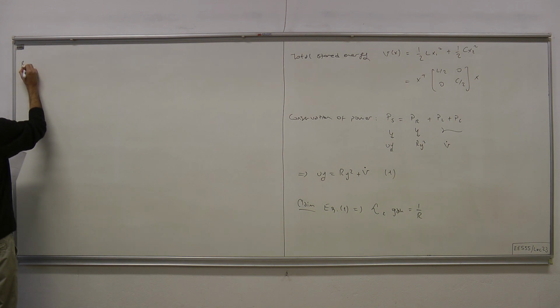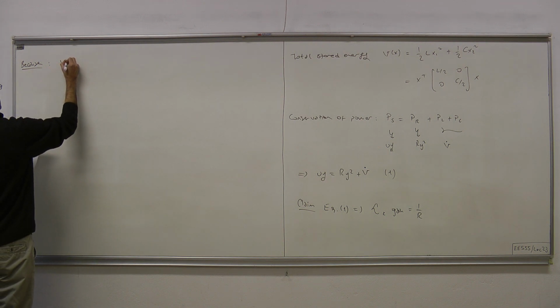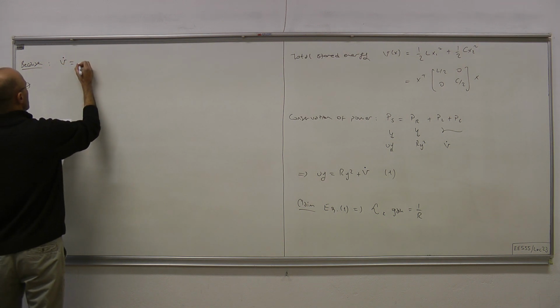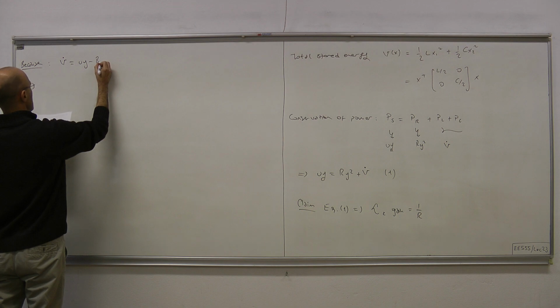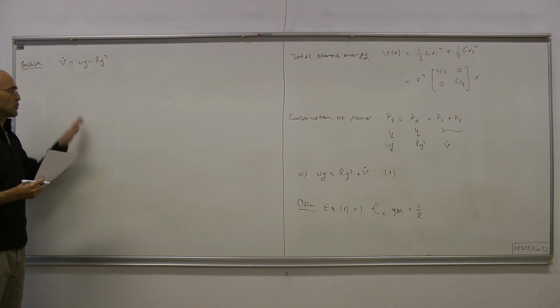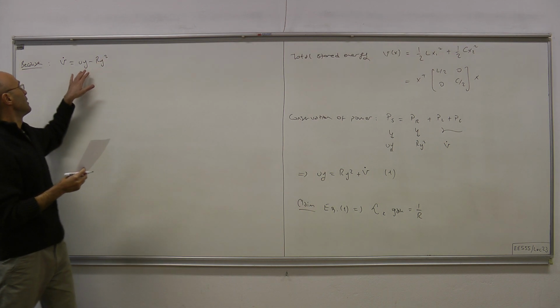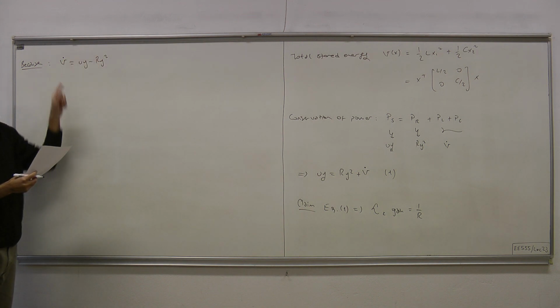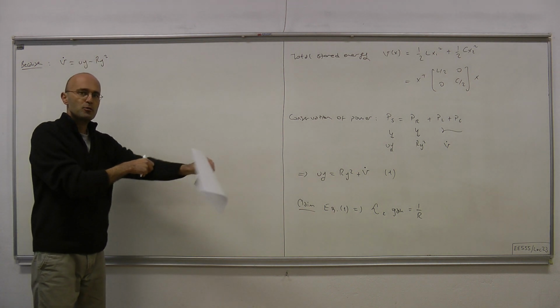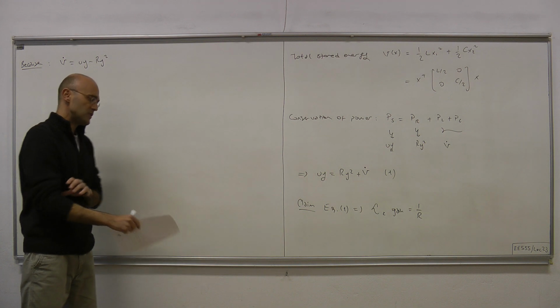Now, claim is true because we can write V dot equals uy minus Ry squared. Okay, so this is what we have obtained, and now we're going to transform this expression to the expression that appeared in the previous lemma.